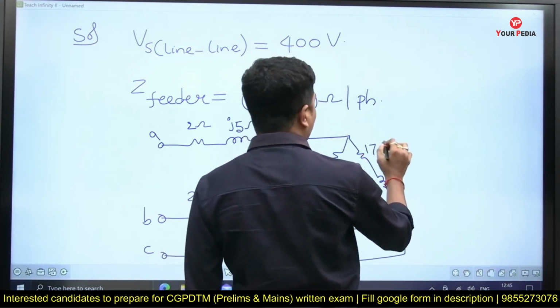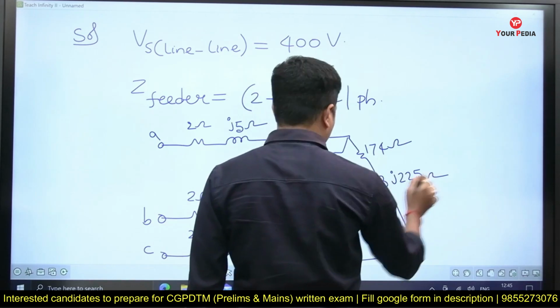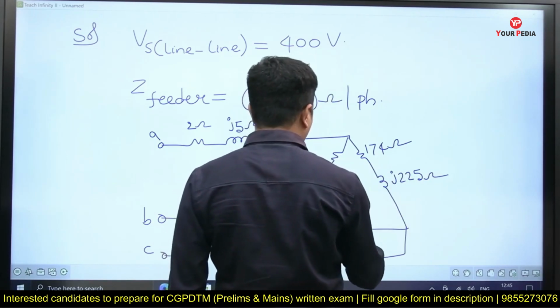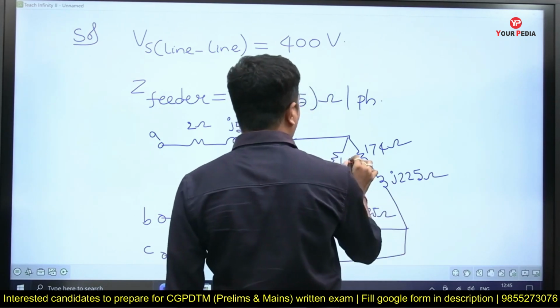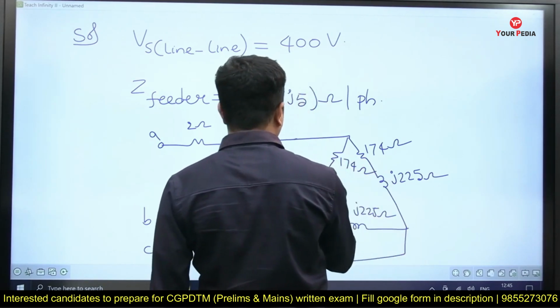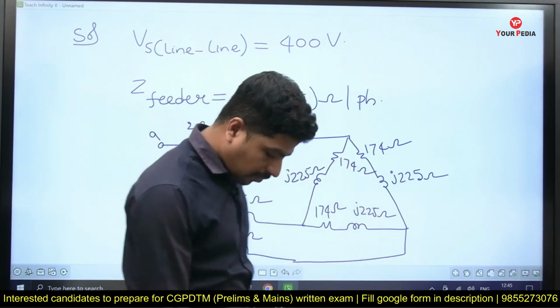This is 174 ohms and this is J225 ohms, in each phase of the delta. Observe clearly.